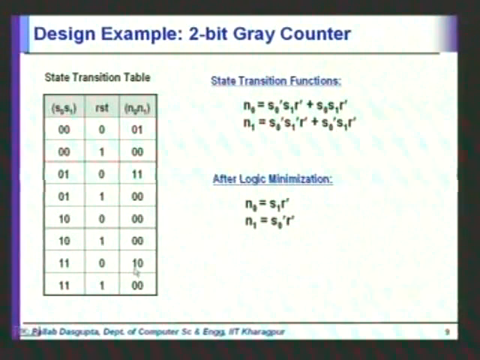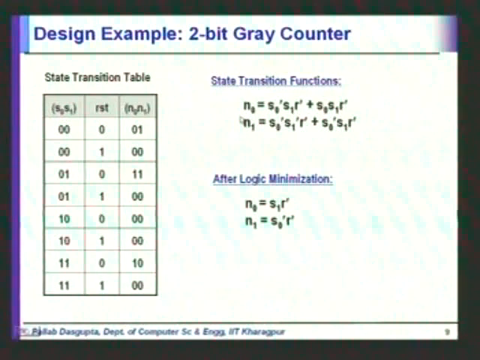So we can read off these two entries and say that when S0' S1 R', or S0 S1' R', in these two cases N0 is 1.